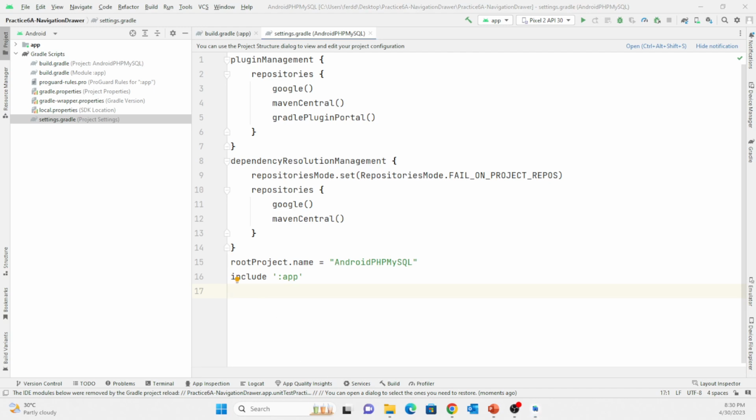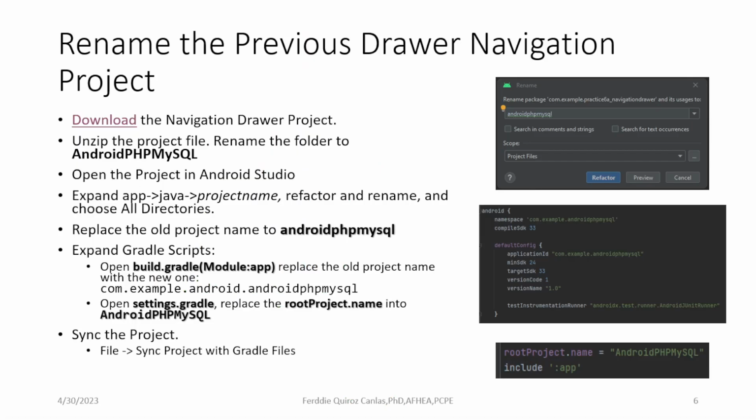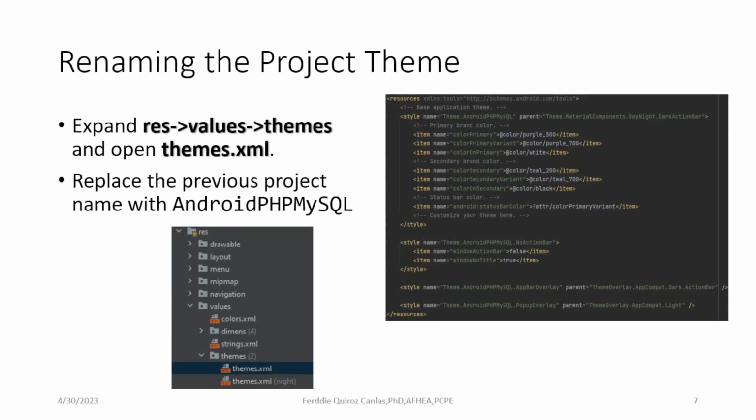Let's move to the next step. Since we have the old names for the themes, we need to replace them also. We have to use a new name instead of the navigation drawer project name. We have to replace it with Android PHP MySQL, our new project name. So go to app, go to res, go to values, then themes, and then themes.xml.